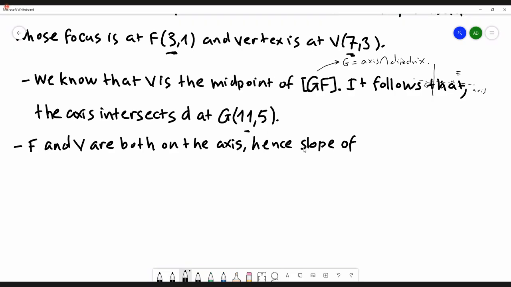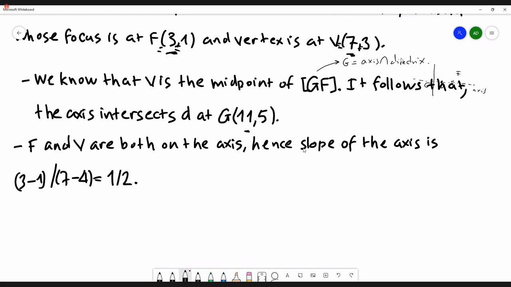So, in particular here, we can write the slope of the axis as the ratio of differences of 2 points it contains. Now, 3 minus 1 divided by 7 minus 3, and this is equal to what? 2 over 4, 1 over 2.